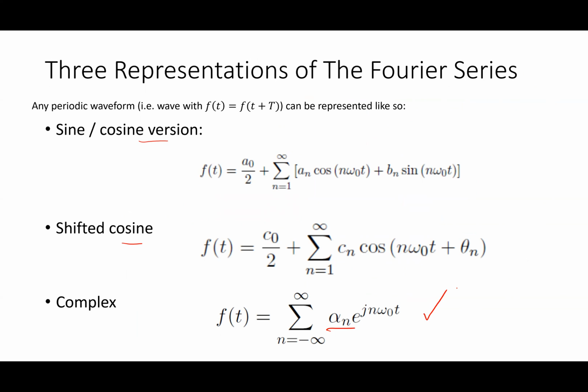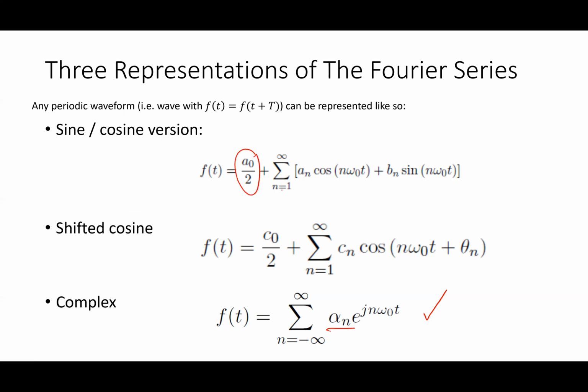Now, the key thing is the Fourier series can represent any periodic waveform. There are some things here that are going to bake your noodle a little bit. One of them is this over 2 piece.